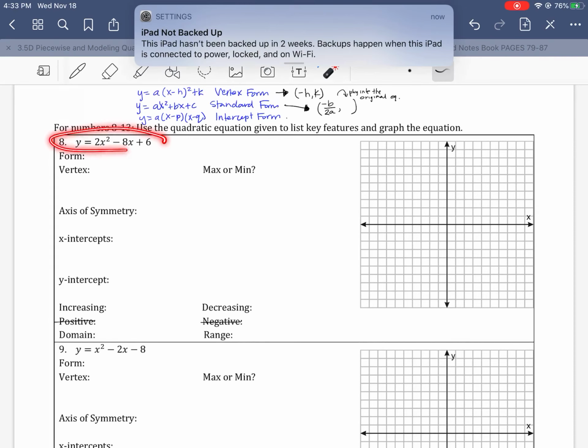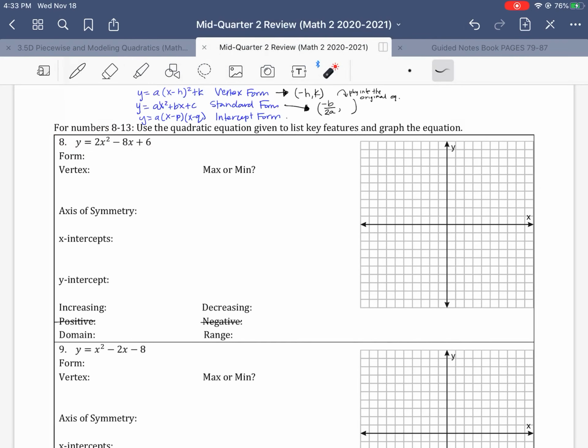So this first one, if we look at this, is definitely in standard form. And if we move forward with standard form, then if I want to find the vertex, I'm going to write this first. This is in standard form. The vertex would be found by using what I said above with the negative b over 2a. So here your a value is 2 and your b value is negative 8.